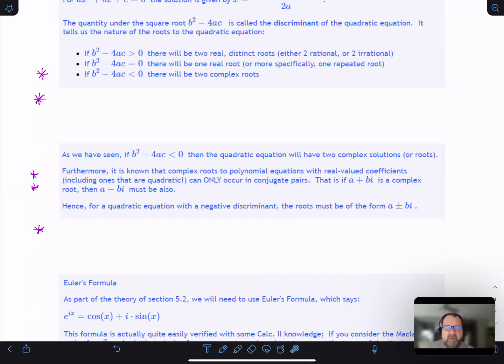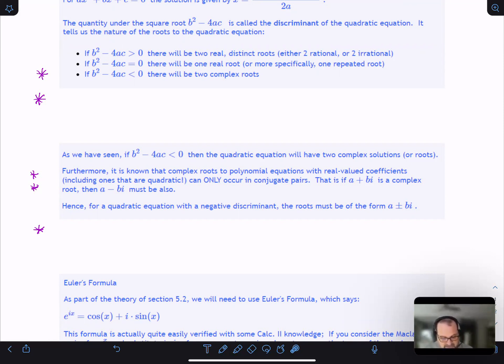So you can play around with these and kind of see that this must be true. You can kind of see it in the quadratic equation. But here's a couple of little questions about that. The first one, and then there's a second equation, again, fairly simple, just about complex roots.